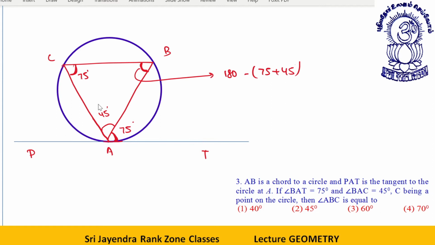If this is 75 degrees and this is 45 degrees, then by the property that the sum of three angles of a triangle is 180 degrees, this angle is 180 minus 120, which is 60 degrees. My dear students, I hope all this is clear to everyone. You can have a look over it if you want to.